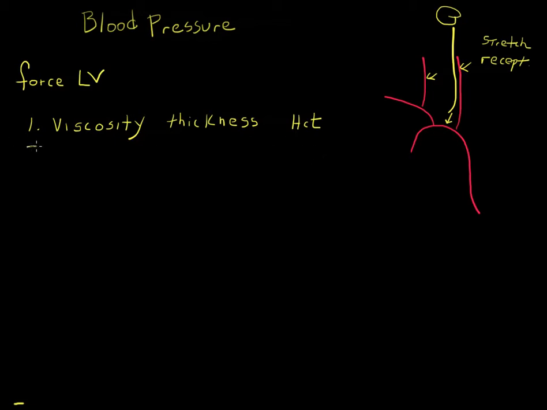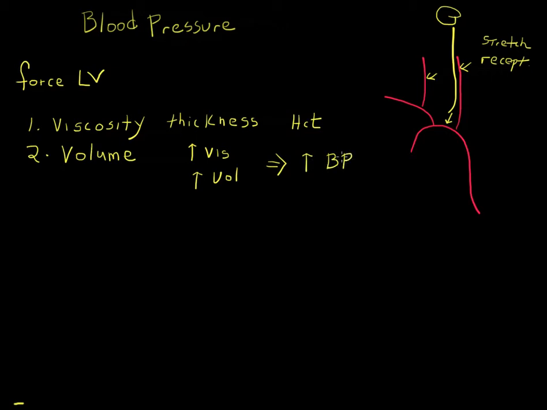The second factor that controls your blood pressure is the blood volume. So the intravascular volume is a control of your blood pressure, and for both of these factors, an increase in the viscosity or an increase in the volume leads to an increase in the blood pressure.